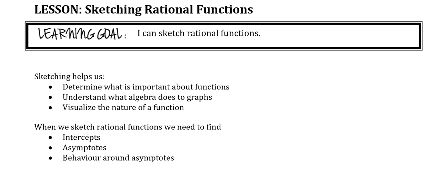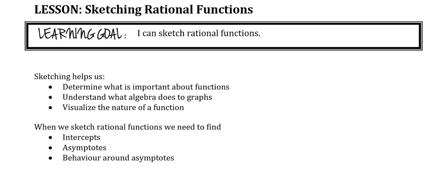For polynomial functions, a big part was the x-intercepts, and then we would always find the y-intercept as well. It's less so with trig functions, although sometimes the intercepts are important, but we don't necessarily graph with them. But anyway, it really helps us understand what the function's doing.